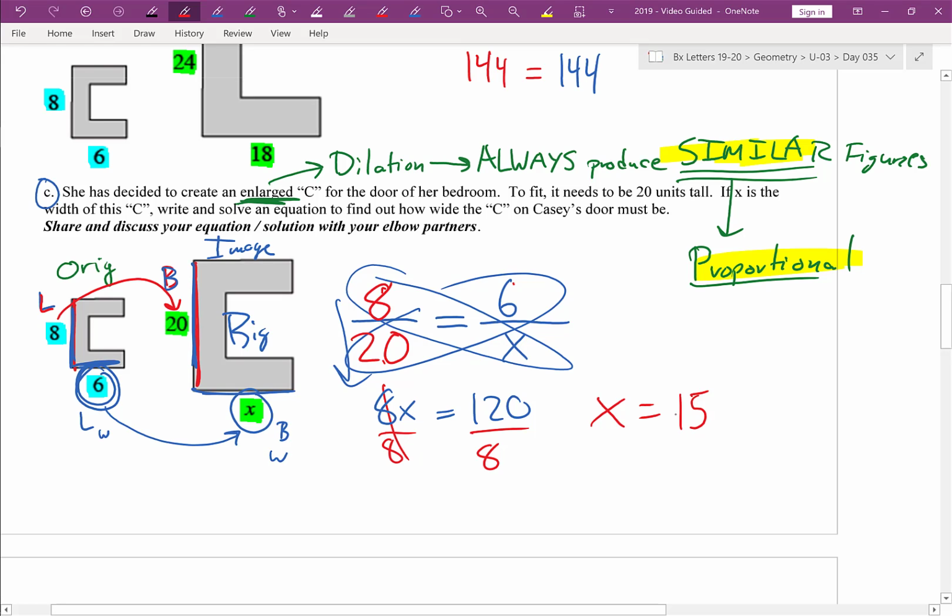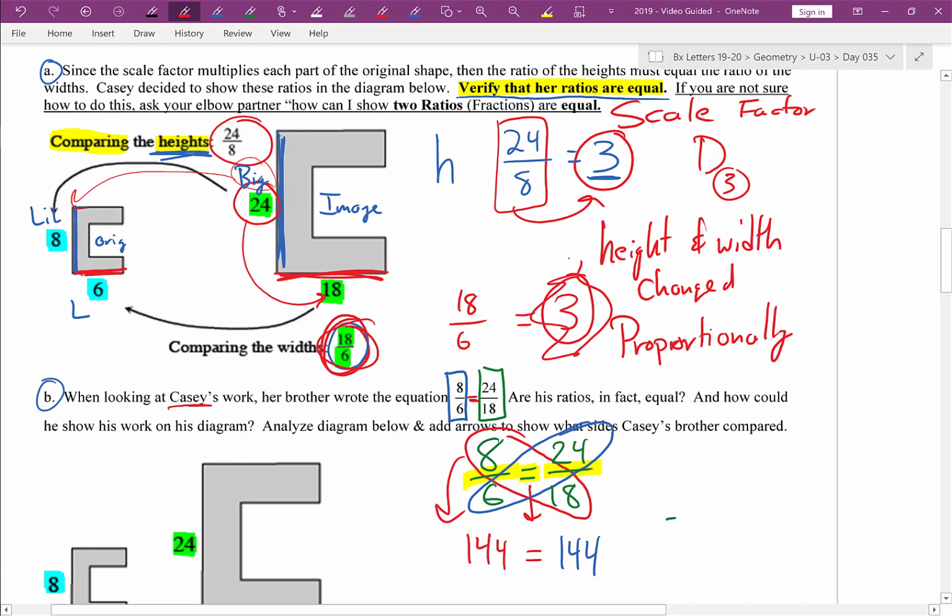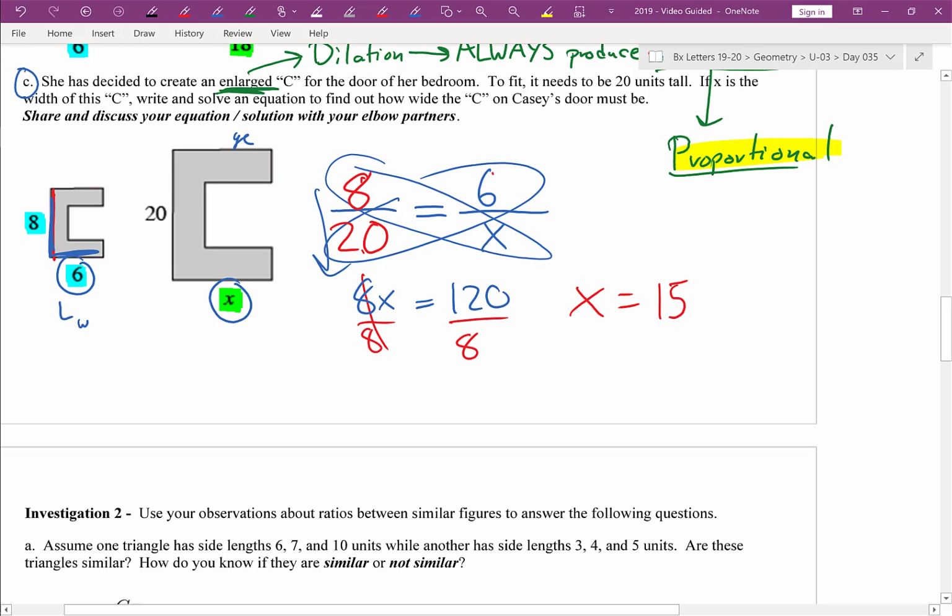Okay, this proportion also works, but remember how we started off with this idea of are these ratios equal, right? I have 24/3. That tells me my scale factor. Well then, the other fraction, 18/6, needed to be the same scale factor. I can use that here. I can take my original height of 20 and divide it by my image height, comparing it to my original.